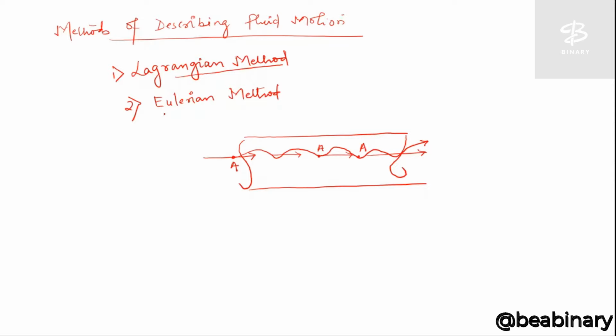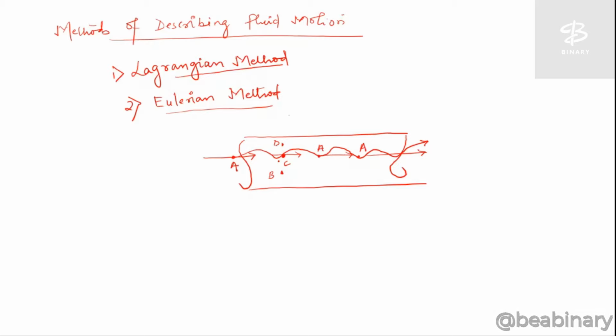Whereas in case of the Eulerian method or Eulerian approach, we are just deciding, suppose, this point. Okay. Or this point. Or this point. Suppose these are my points B, C and D. So we are tracking at a single point the velocity, the acceleration and the density of the particle, and we can calculate different properties at a single point.